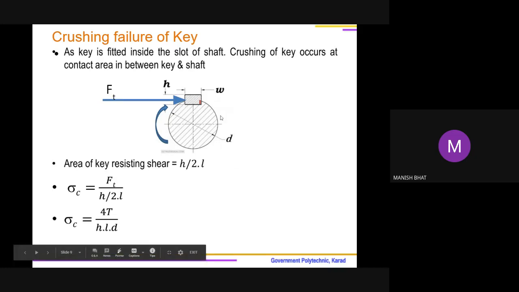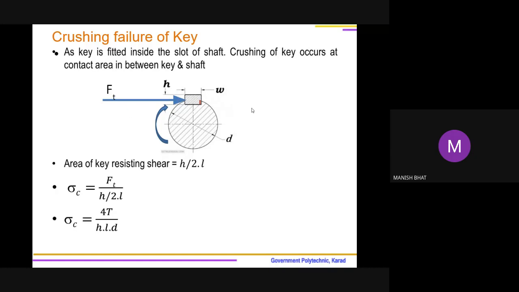So this is the shaft and this is the slot provided. Now imagine how crushing takes place. The shaft is stationary, and you are trying to force it. What happens? The key will be pushed. We are imagining that it is a driven shaft and a very huge load is mounted on it, so it is unable to rotate.